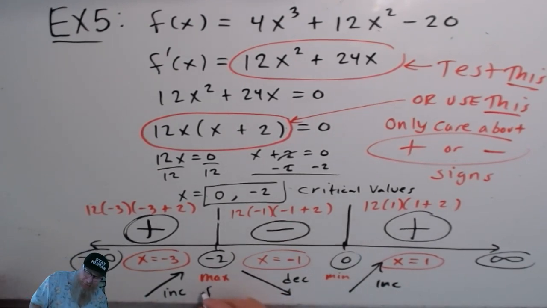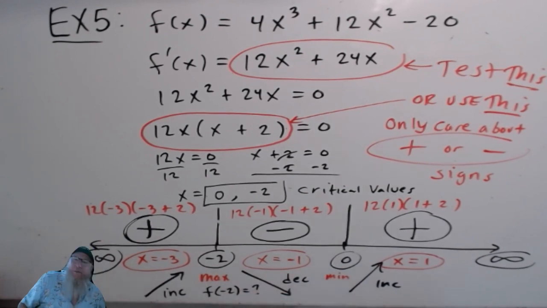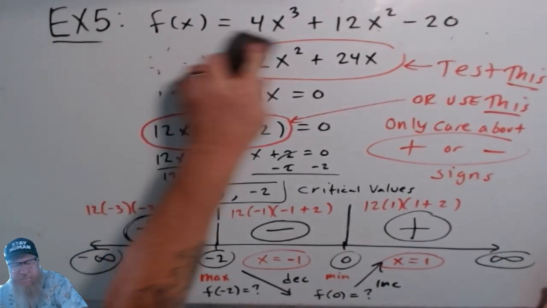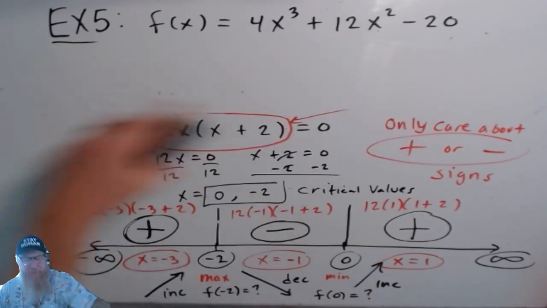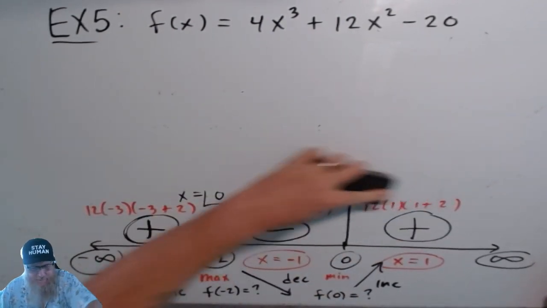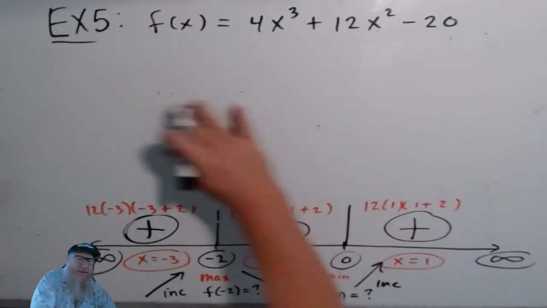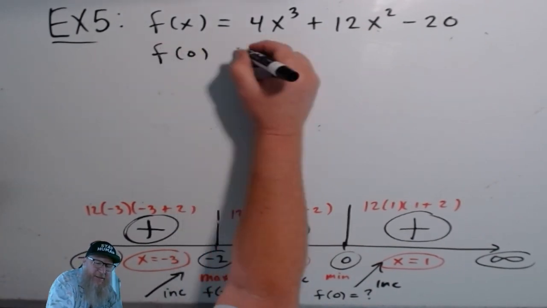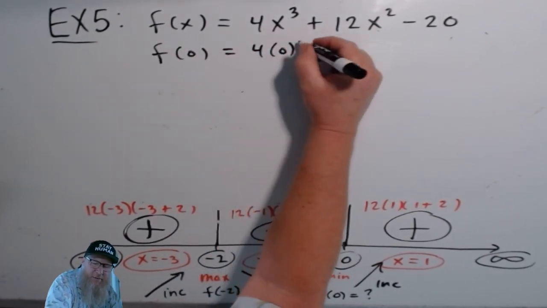So right here, f of -2, I don't know what that is yet. And f of 0, I don't know what that is yet either. But I have my f right here. So f of 0, that's the easiest one.